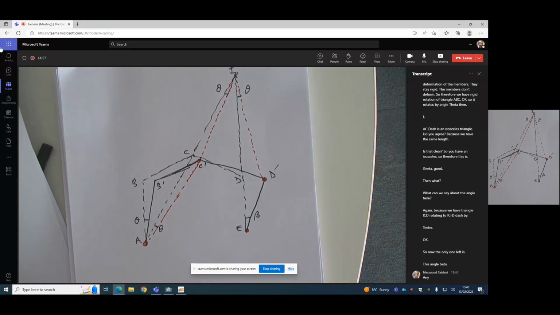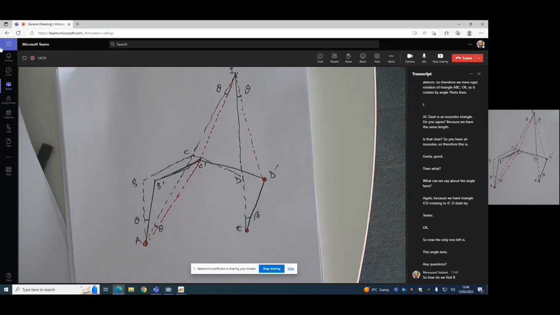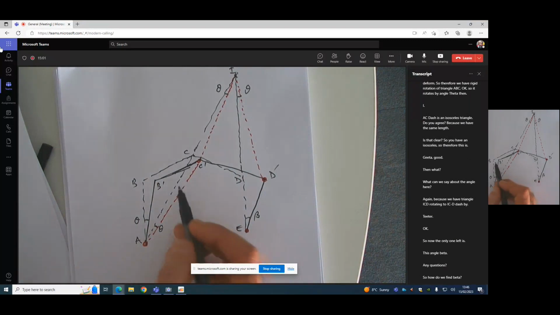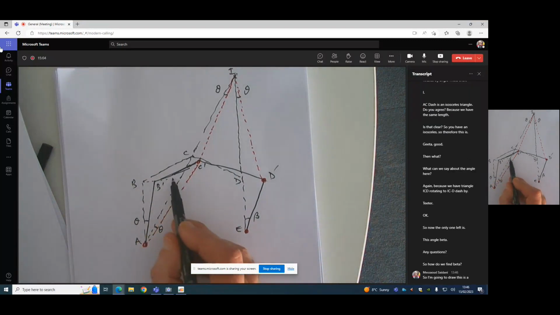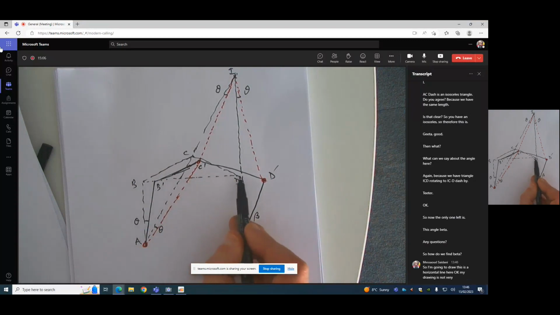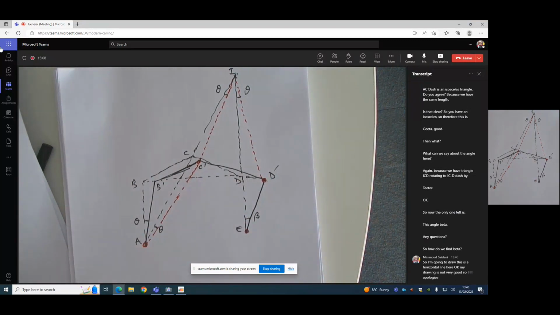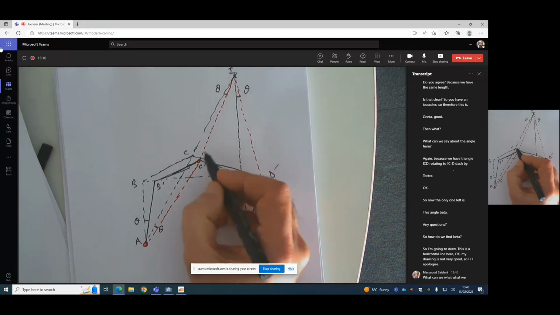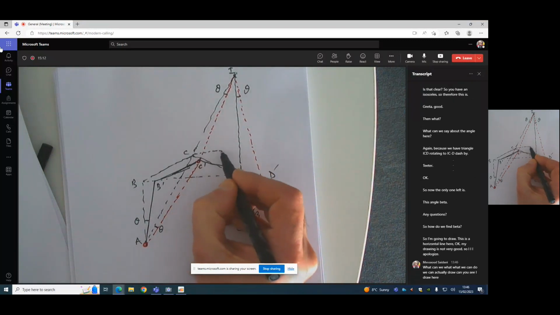Any questions? So how do we find beta? So I'm going to draw, this is a horizontal line here, okay? My drawing is not very good, so I apologize. What we can actually do, can you see here, I draw a horizontal line, yeah?